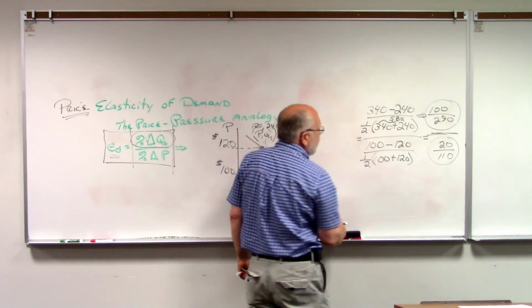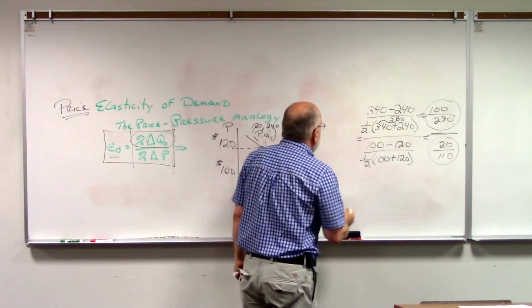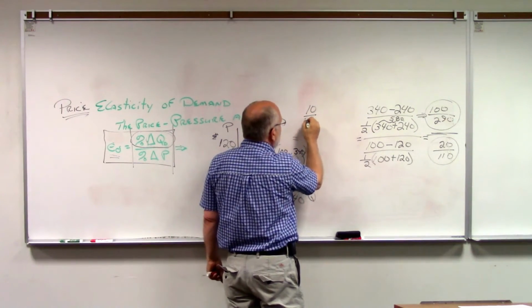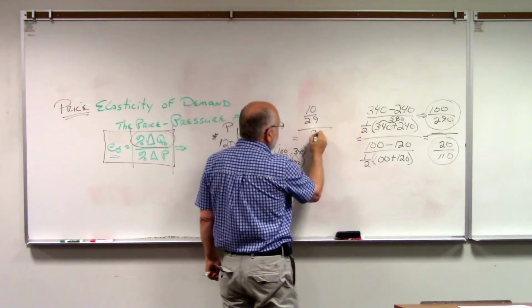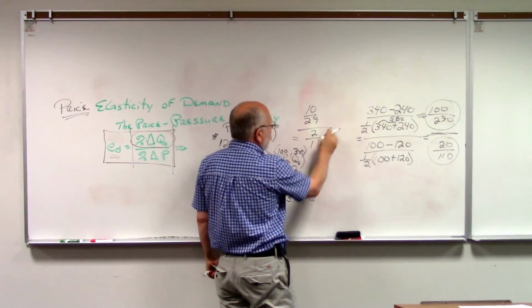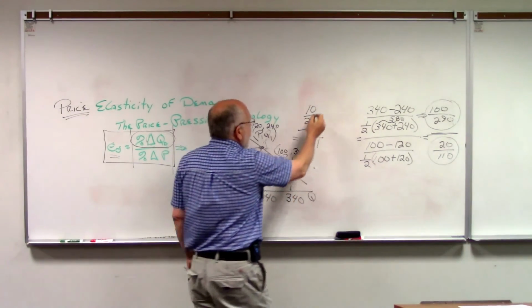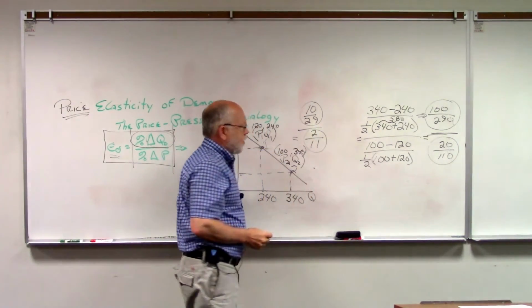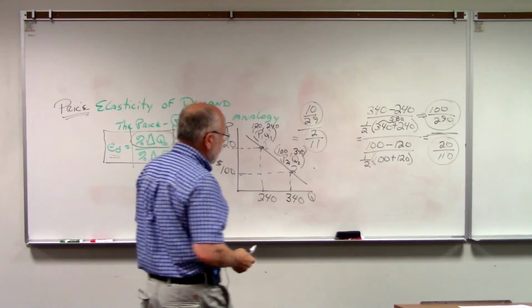Now let's boil it down a little bit more. I don't have a calculator here, but I think we can get rid of these two zeros. That gives us 10 over 29 divided by 2 over 11. Now this is kind of ugly when you get a fraction divided by a fraction. It's called a complex fraction.